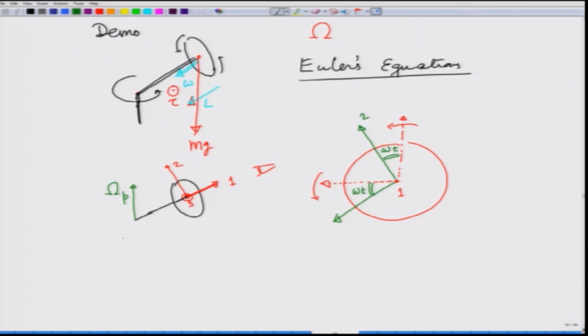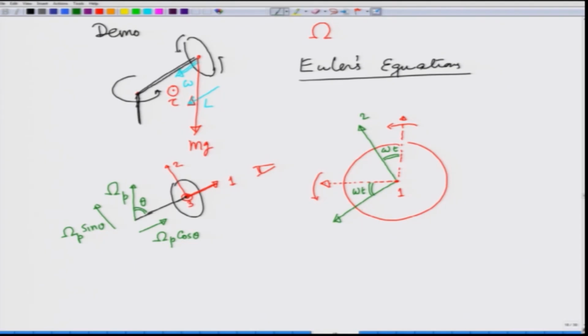Now, if you notice, if this is at an angle theta from the vertical, omega p has a component along 1 which is omega precession cosine of theta, and a component along, at this time, 2 as omega p sin theta.